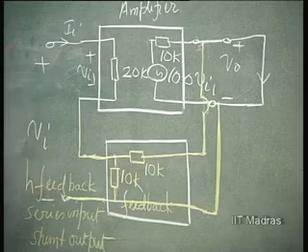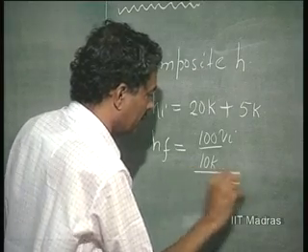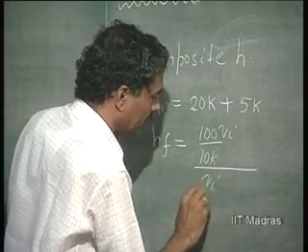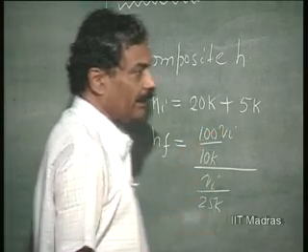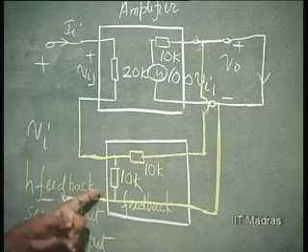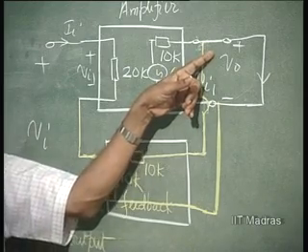So, VI divided by 25K is the input current. Output current is 100 VI by 10K plus some portion of the input current. What portion of the input current?